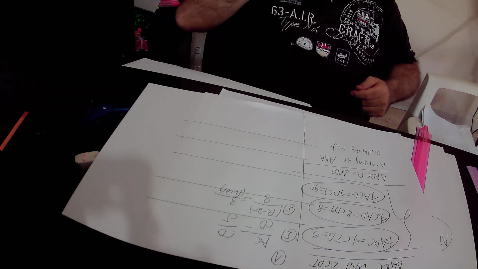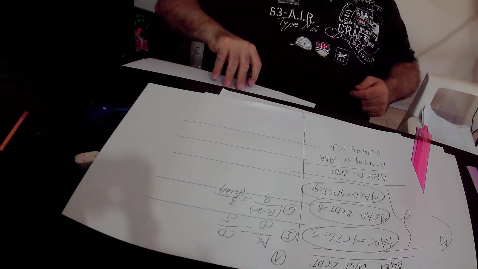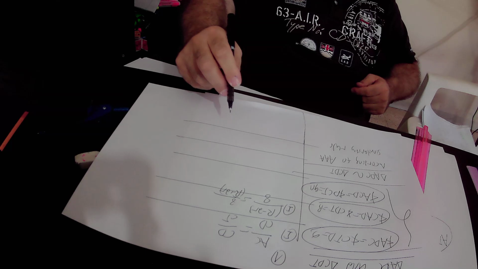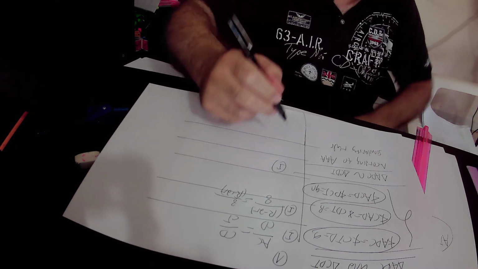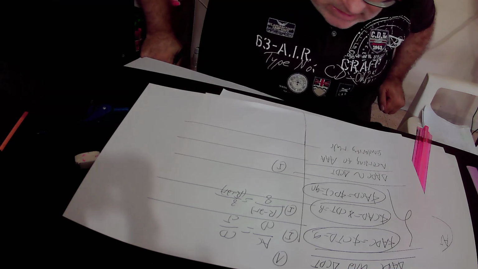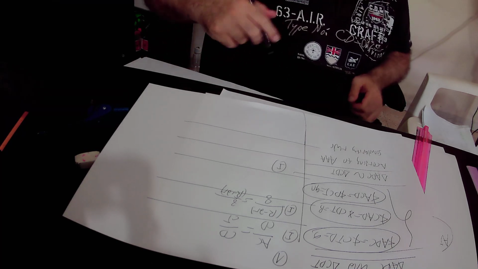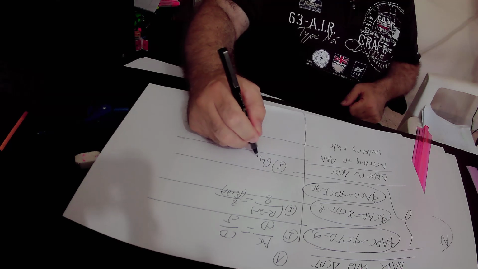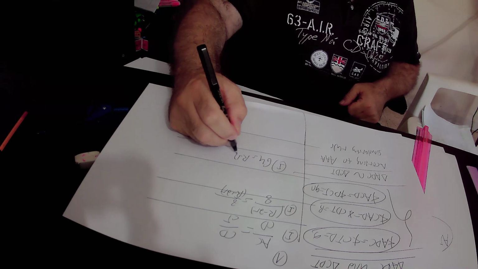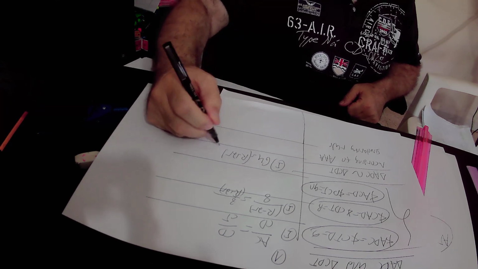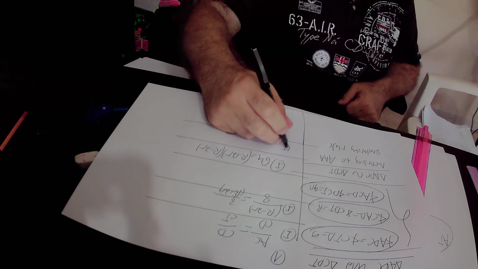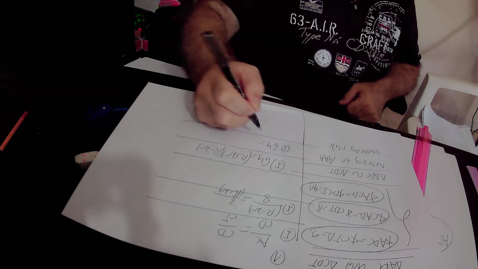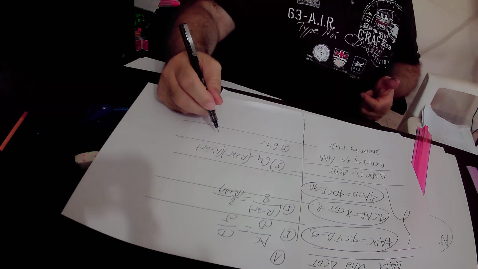We found out that according to equation number 1, capital R minus 2R equals 8 over capital R plus 2R. Here we cross multiply, and we get that 8 times 8 is 64, and 64 equals capital R plus 2R times capital R minus 2R.